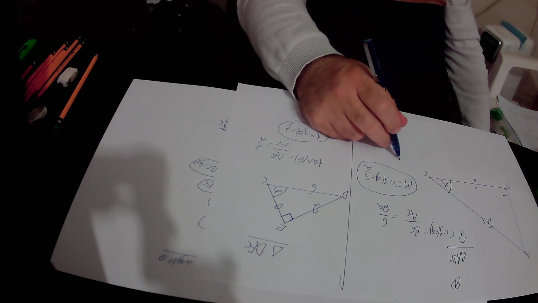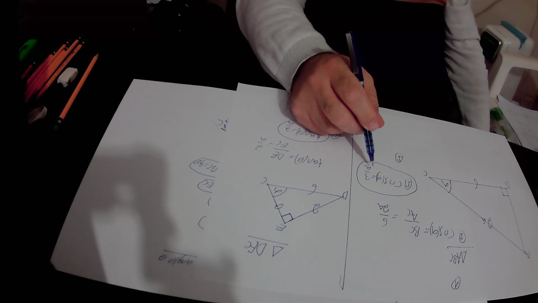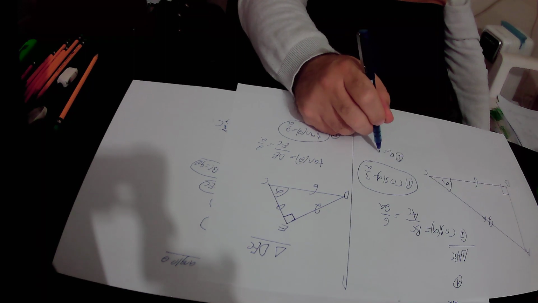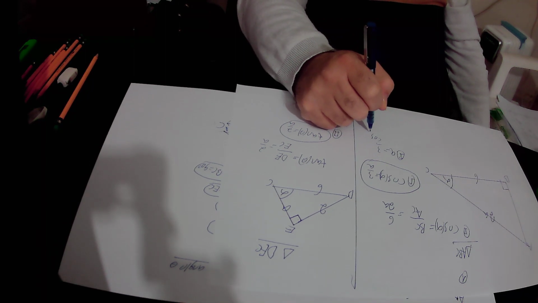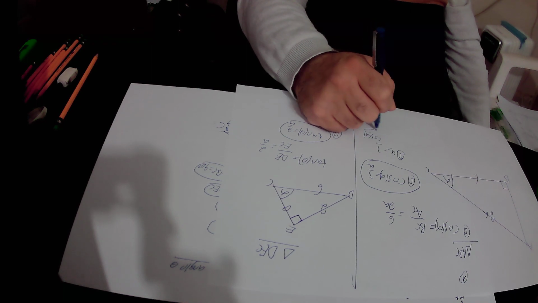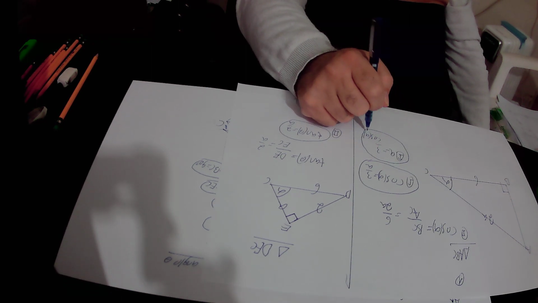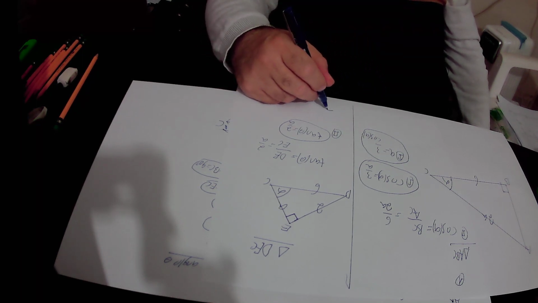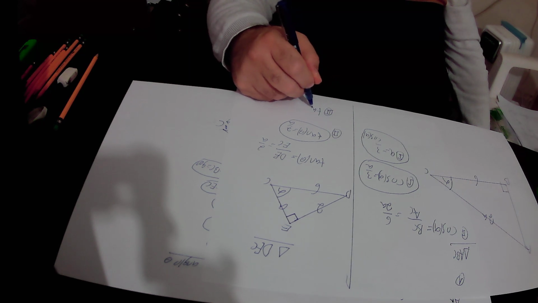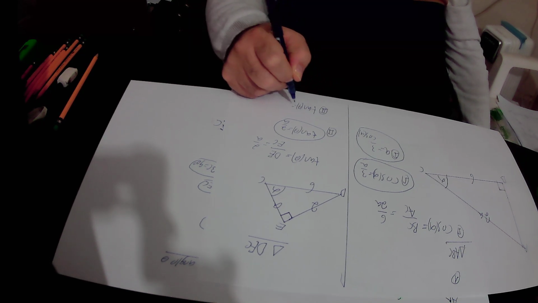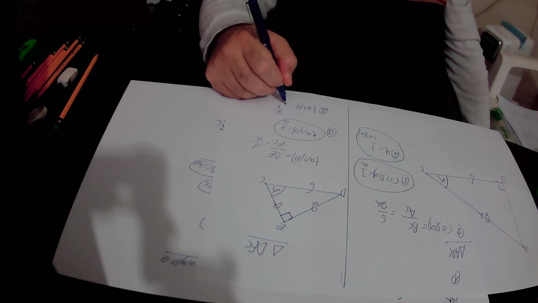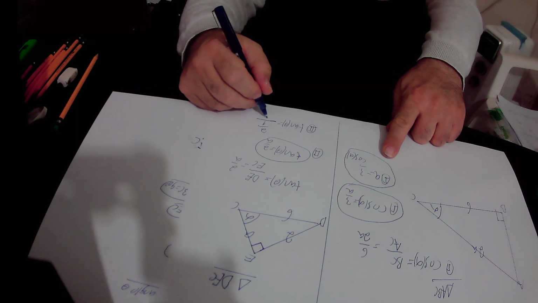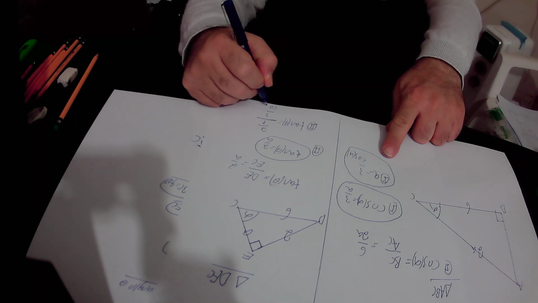From equation number 1, we will multiply equation number 1 by A, and then divide it by cosine alpha, and we will get that A equals 3 over cosine alpha. Now we can substitute A in equation number 2 by 3 over cosine alpha. We get that tangent theta is equal to 2 over A, and A is 3 over cosine alpha.